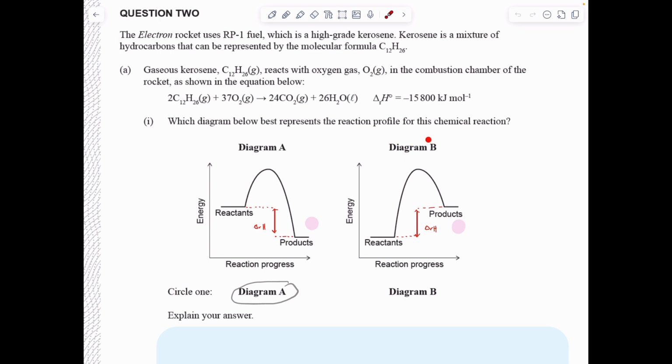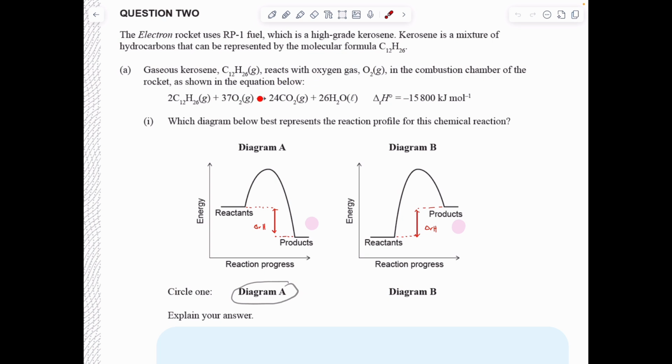Well, the clue that we've been given is the delta H value. As you can see, it's a negative delta H. So what does this mean? The reaction is exothermic. What does exothermic mean? It's releasing energy to the surroundings.